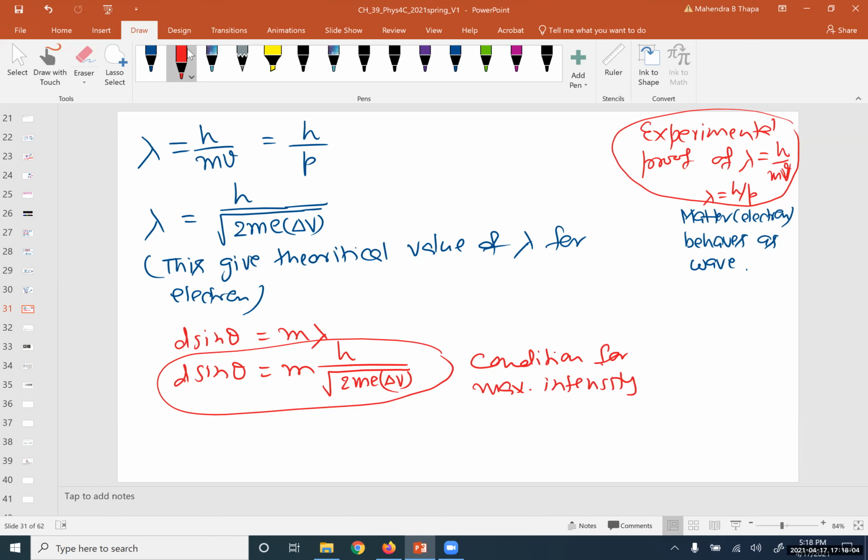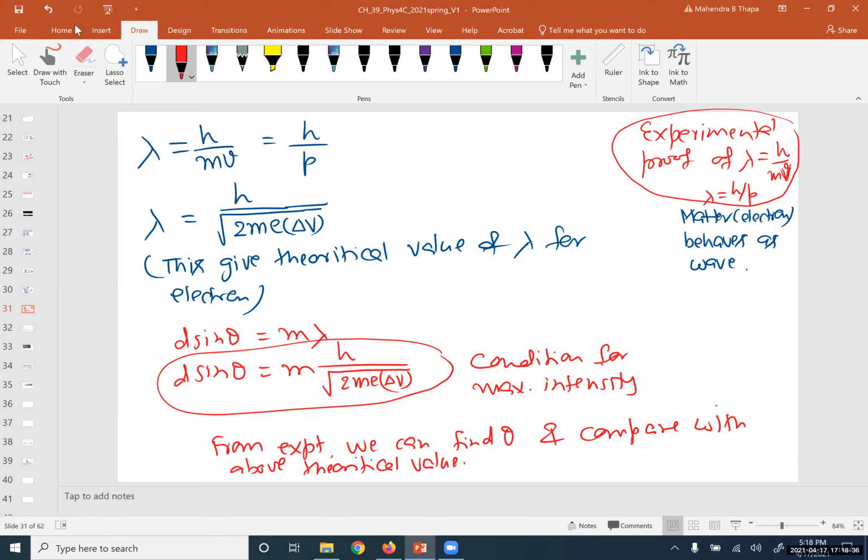This means from the experiment we can find theta and compare it with the above theoretical value.